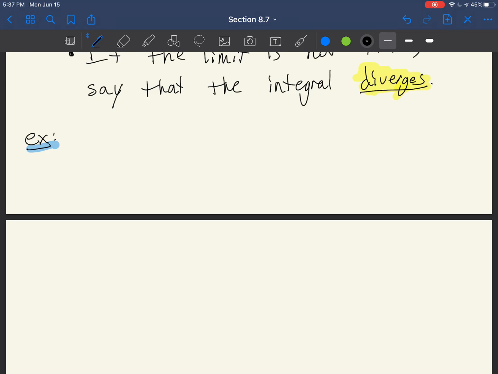All right, let's do 2 examples to illustrate these tactics. The first example, I'm going to actually say this is a very special example, and very important.